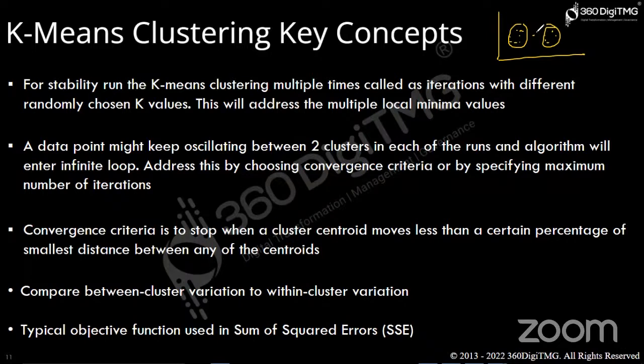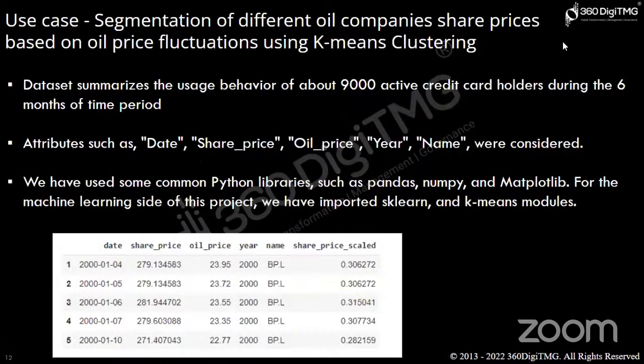When it comes to between cluster variation, we measure the distance between the centroid point of cluster 1 and the centroid point of cluster 2, between these different clusters. This distance should be more. Then I am getting the best clusters, right? So these are a few key concepts that you have to remember when it comes to k-means clustering.